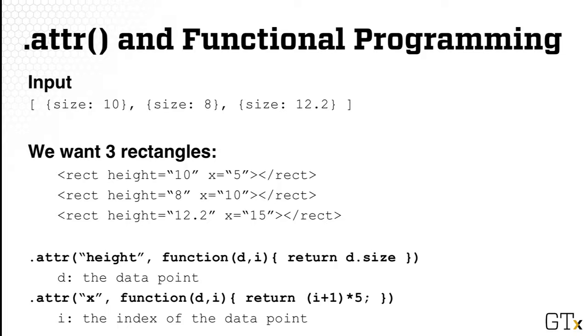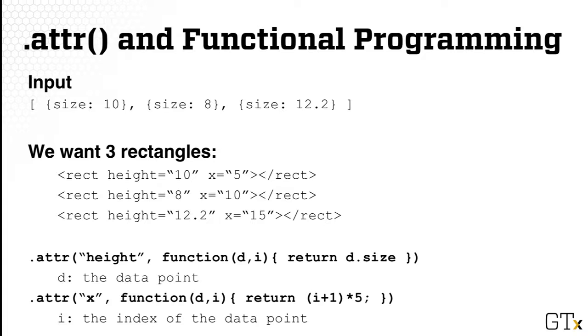As mentioned before, you may not want to change the attribute of every element one by one. So you can do it in the functional programming style. Suppose here we have data points 10, 8, and 12.2, and you want to map this to a series of rectangles.